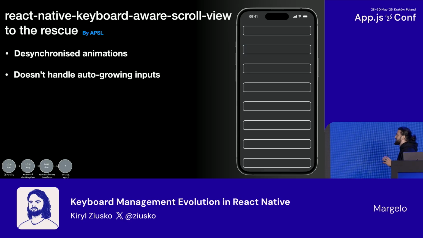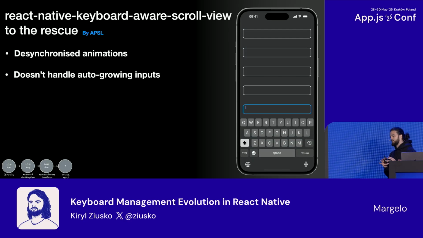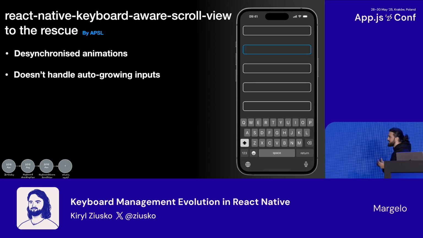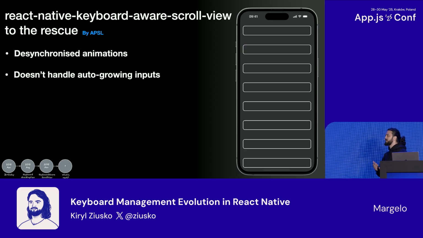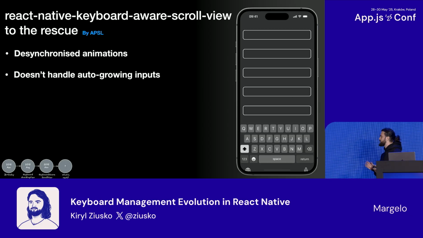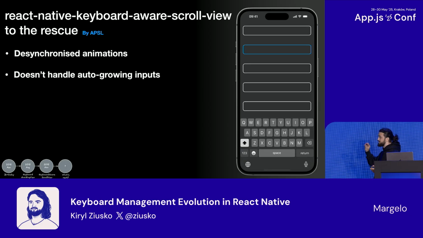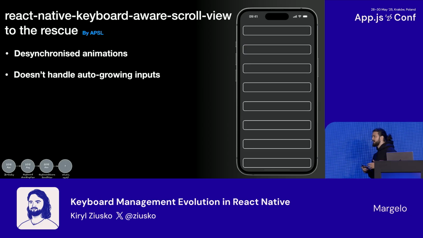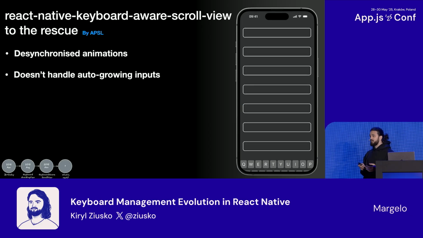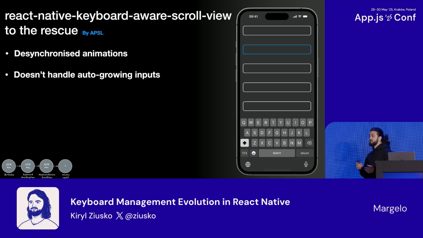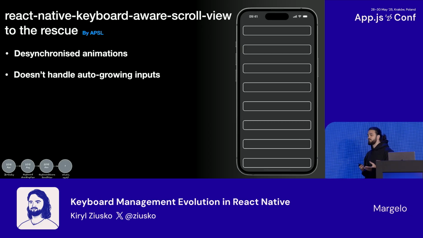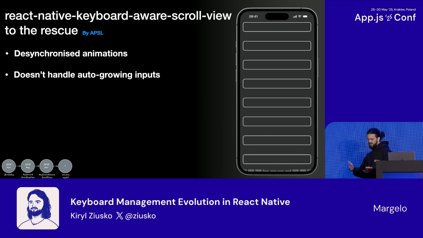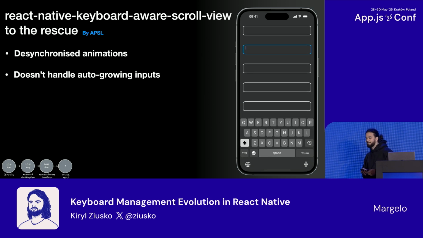It didn't track inner layout events. So if you have a multi-line text input and it is growing, it wouldn't scroll into the visible area. But this package was written entirely in JavaScript, and contributors from all around the world have contributed to it to make it really stable.